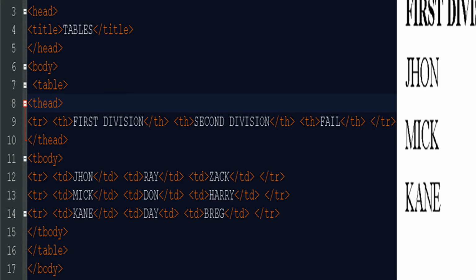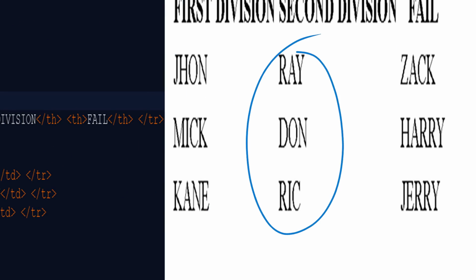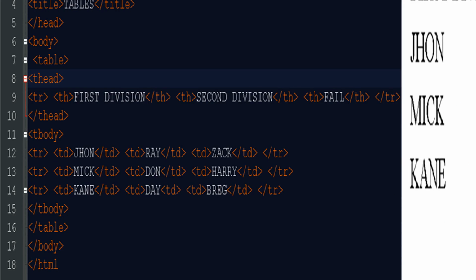Now here you can see this is the body of our table. To give the body, you simply use the T body, and you will simply use the TD tag under our T body section, right? So here you can see I used the TD tag under our T body section.